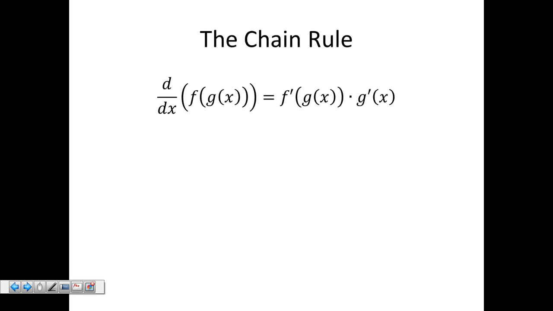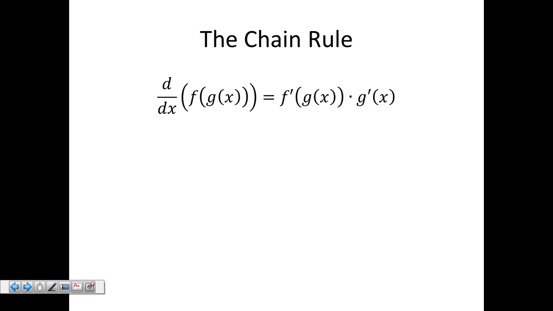Now, this is probably the most important rule when we're learning how to take the derivative. The reason I say that is, we've learned the power rule, the product rule, the quotient rule, all these trig rules. But the chain rule is so important because we're going to be using it almost all the time now.